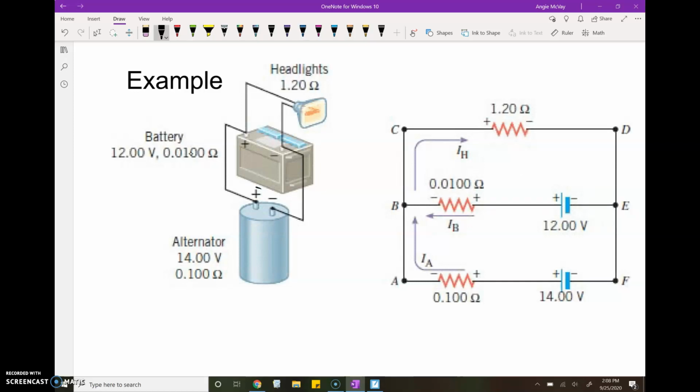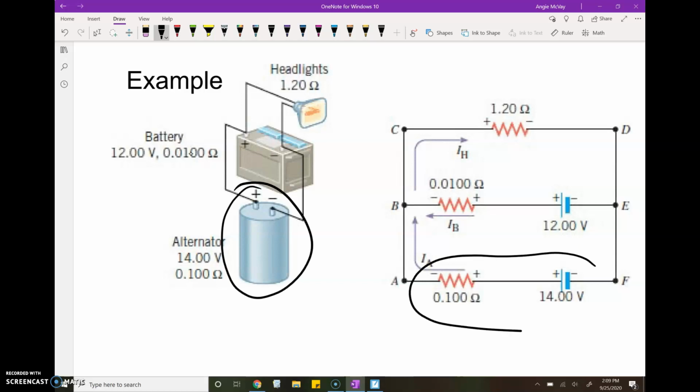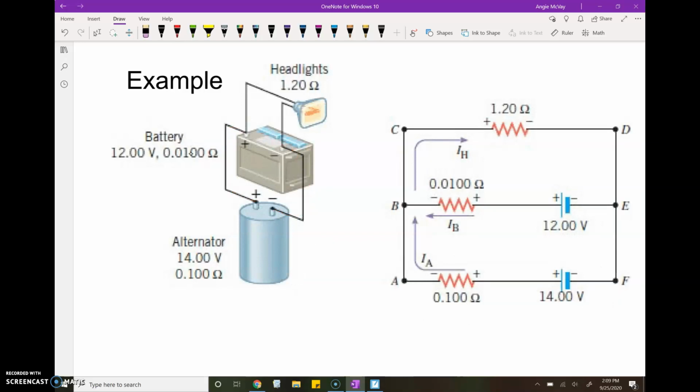And then finally, there's an alternator. If you've ever worked on a car, you know that the alternator is the thing that the engine runs to charge your battery. You'll notice the alternator's positive side is connected to the positive side, and the negative end is connected to the negative end of the battery in an effort to charge that battery.